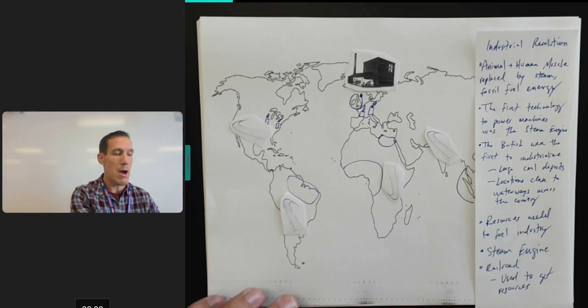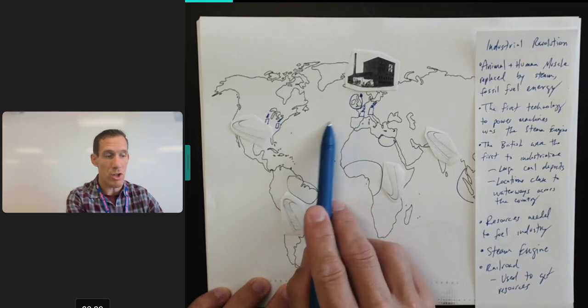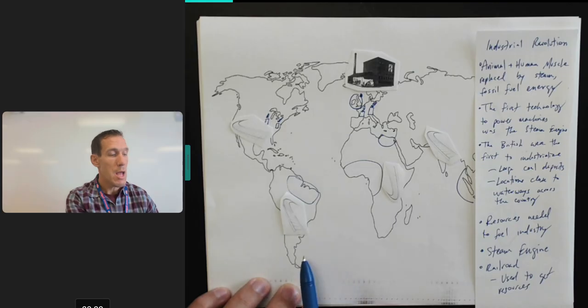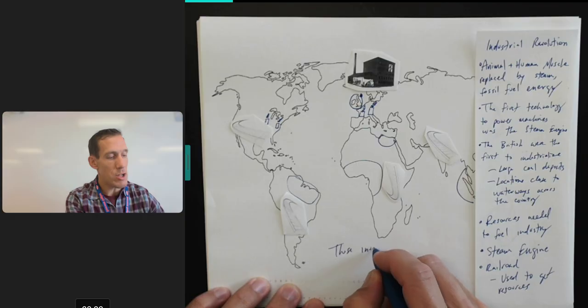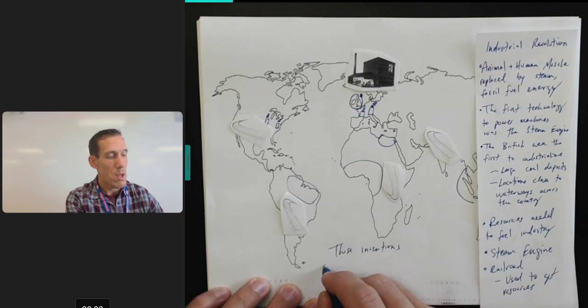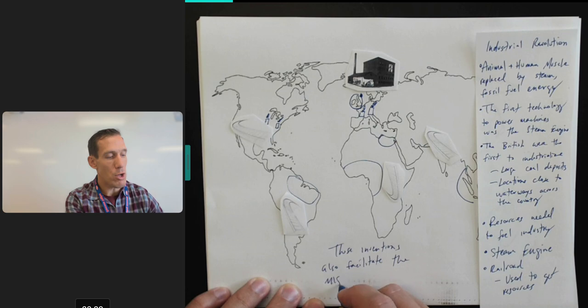Okay, now one of the other things that happens because of the steam engine is it powers the ships going across the ocean, and then railroads are moving things around. But these inventions also facilitate the migration of people.